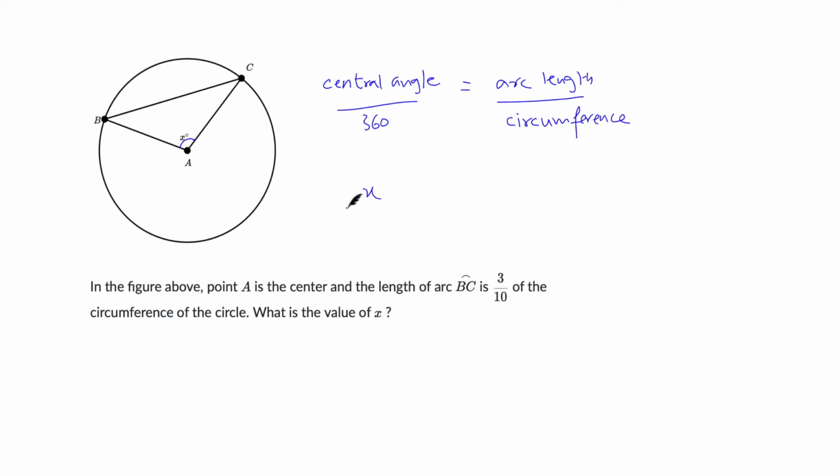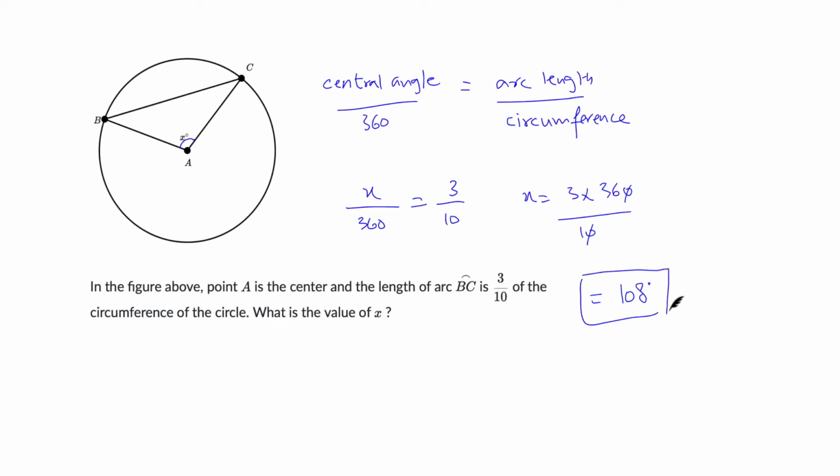This is our x over 360 and this ratio is already given to us, that is 3 over 10. Cross multiply, what do you get? We have x equals 3 into 360 divided by 10. This cancels out and 3 into 36 is basically 90 plus 18, which is 108 degrees. This is our answer.